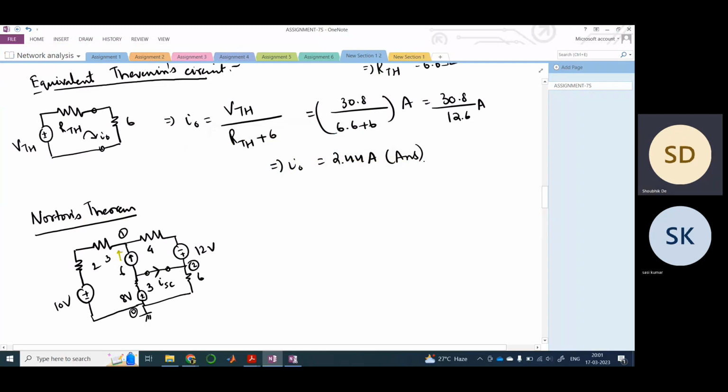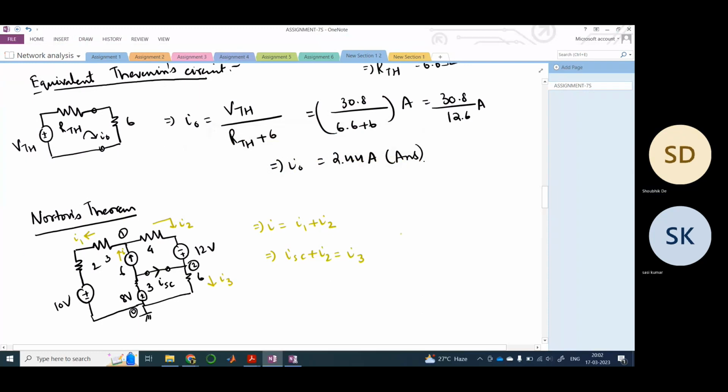So let's say this is I, this would be I1, this would be I2, this is ISC of course, and this would be I3. So you will have equations, I1 plus I2, and then your ISC plus I2 will be equal to I3.